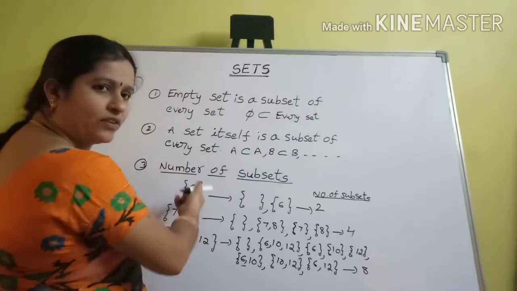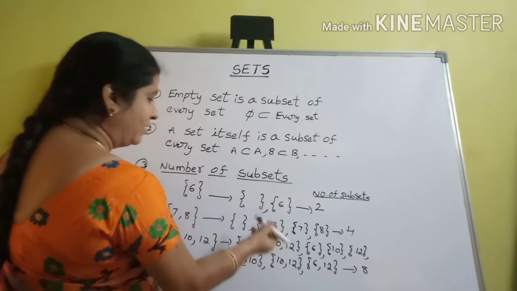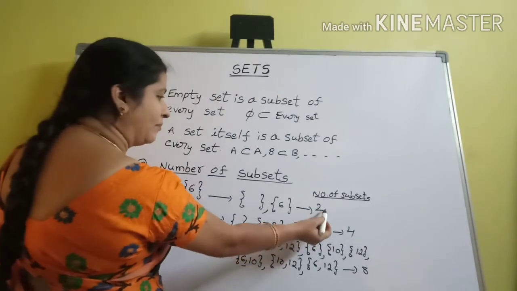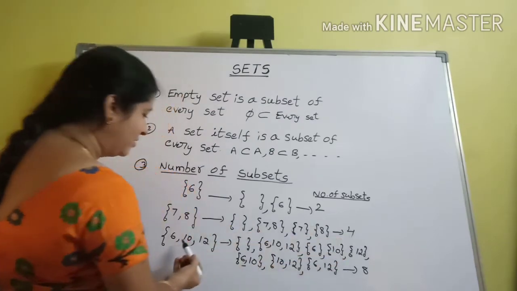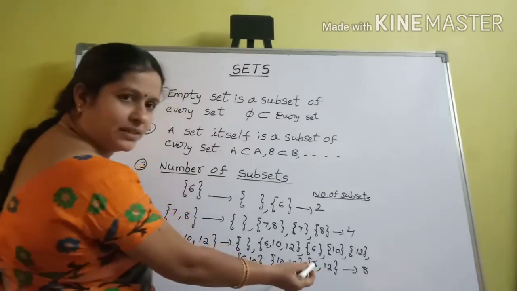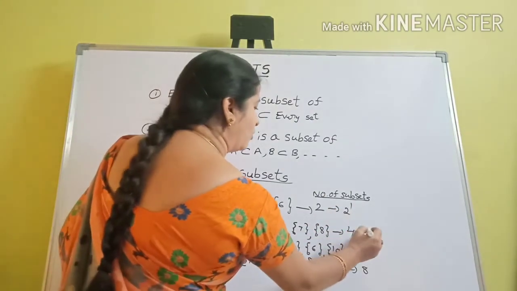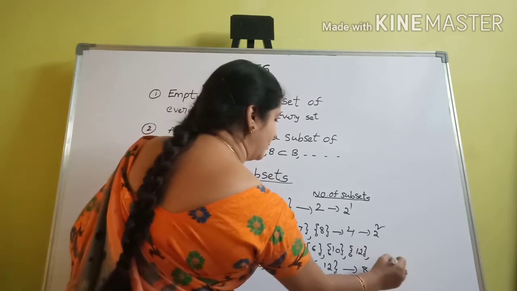What can you observe from these? Do you have any observation? Suppose you take a single element, we got number of subsets 2, 2 elements number of subsets 4, 3 elements number of subsets 8. 2 means 2 power 1, 4 means 2 square, 8 means 2 cube.